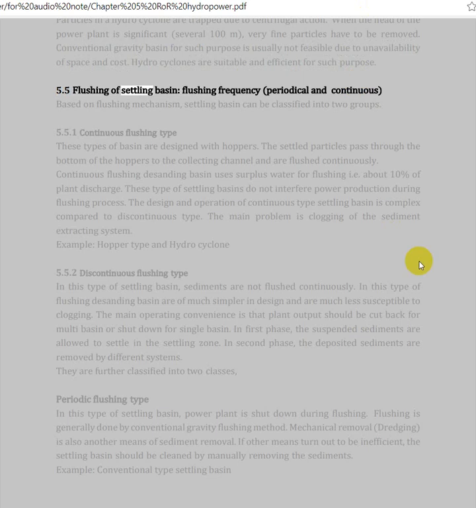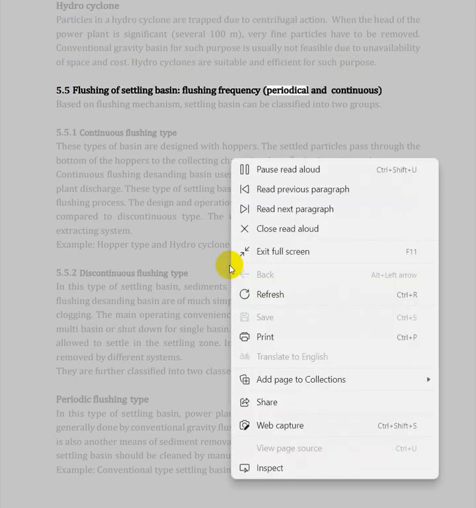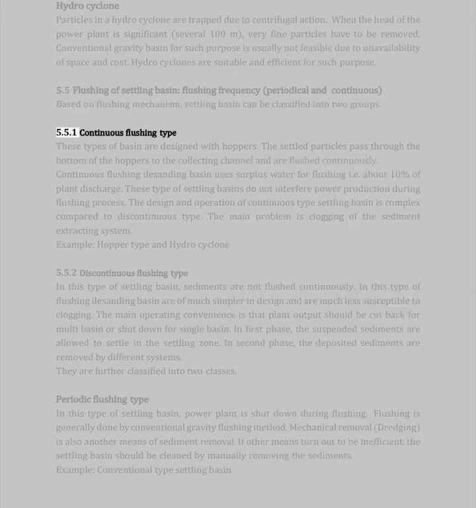5.5 Flushing of settling basin. Flushing frequency: periodical and continuous. Based on flushing mechanism, settling basin can be classified into two groups. 5.5.1 Continuous flushing type. These types of basin are designed with hoppers. The settled particles pass through the bottom of the hoppers to the collecting channel and are flushed continuously.